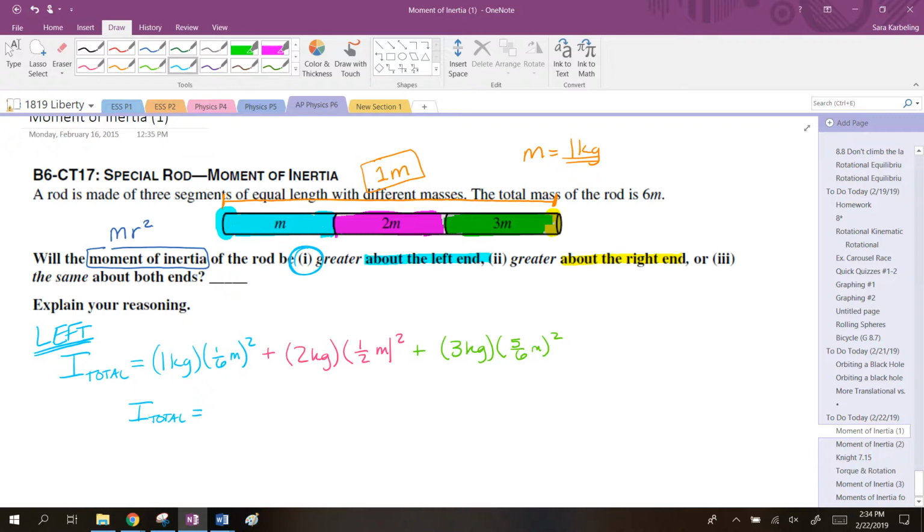So get out a calculator, friends, because you're going to need one soon anyway. Go, go, go. Oh, dear. We doing okay? Do you need a calculator?